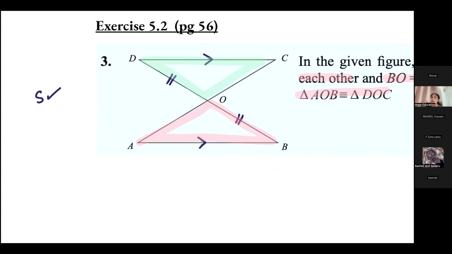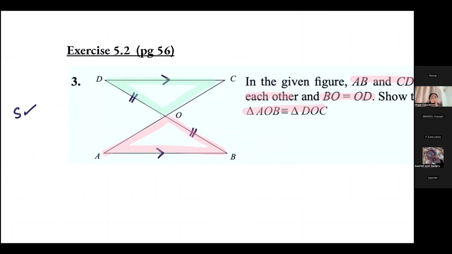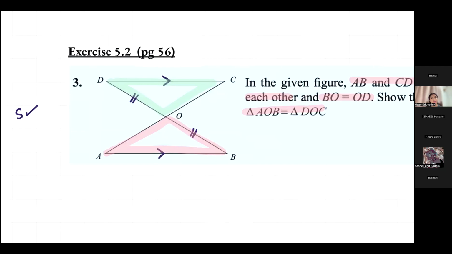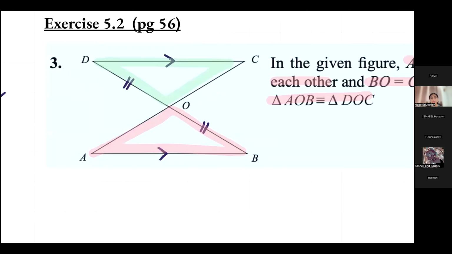Yeah, they are parallel, but are they equal? No. If DCO angle equals BAO, alternate angle. DCO is this. BAO is this. Alternate angles. Yes, we can take that.